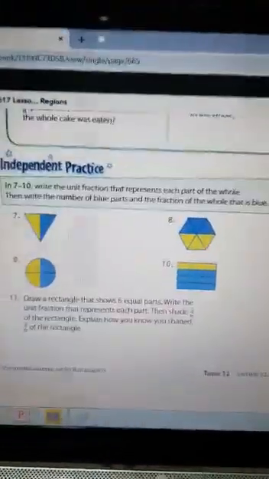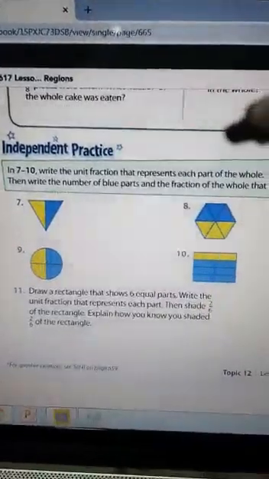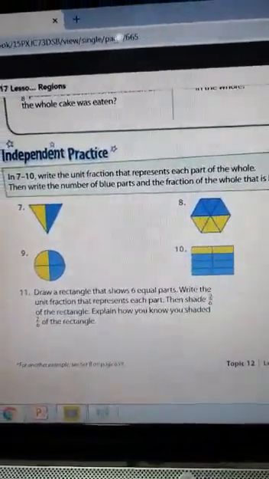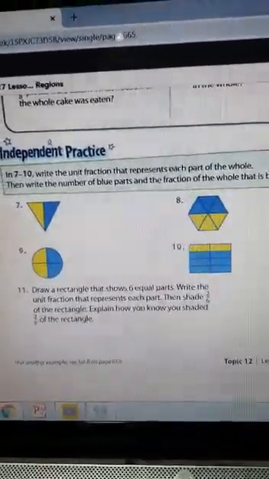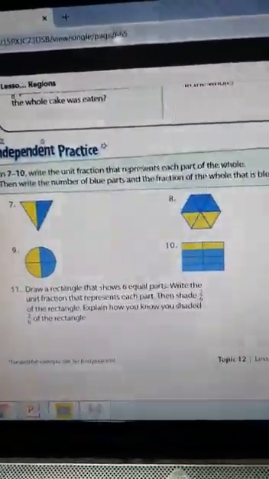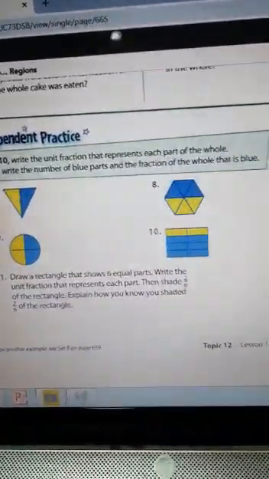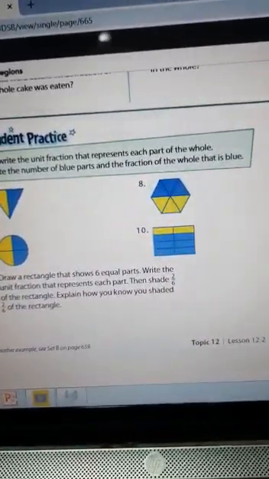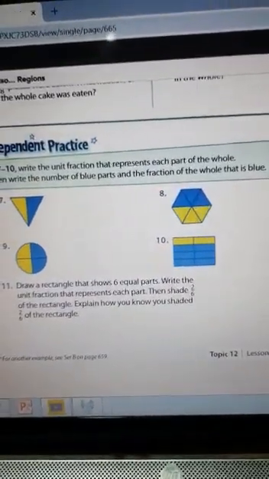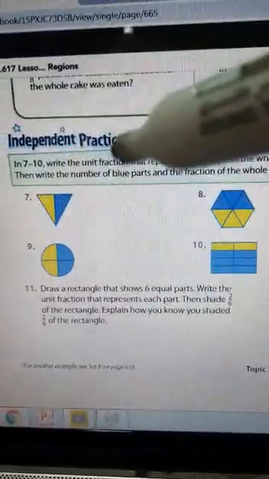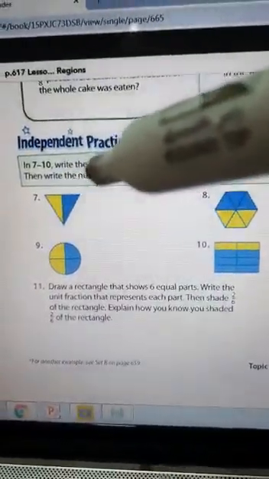Now, in 7 to 10, write the unit fraction that represents each part of the whole. Each part means 1 unit. Then write the number of blue parts and the fraction of the whole that is blue. 3 steps you have. First, you will tell me what's the fraction of each unit.